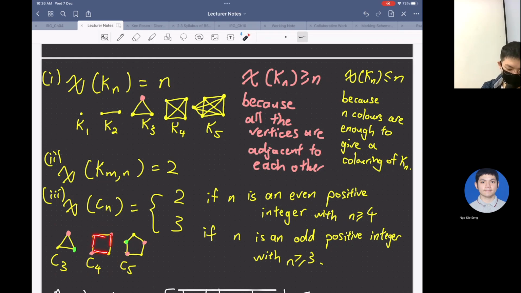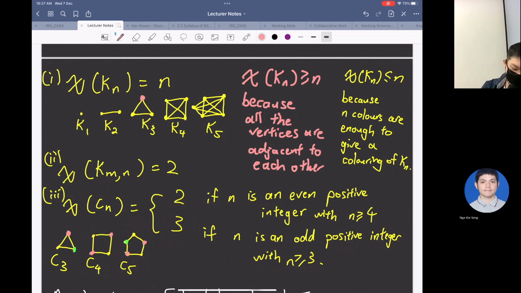But the problem with the odd number is you will have 2 extra vertices that have the same color if you do this alternating coloring. So that's why you get a +1 chromatic number compared to the even case. So it is 2 when the number of vertices is even, and 3 when it is odd.